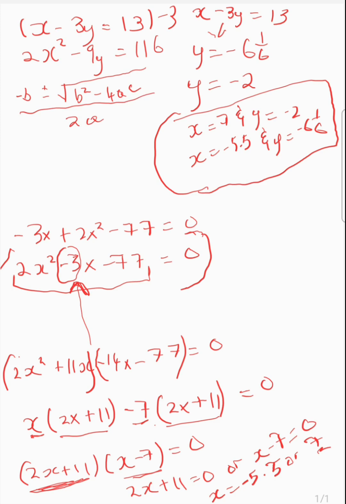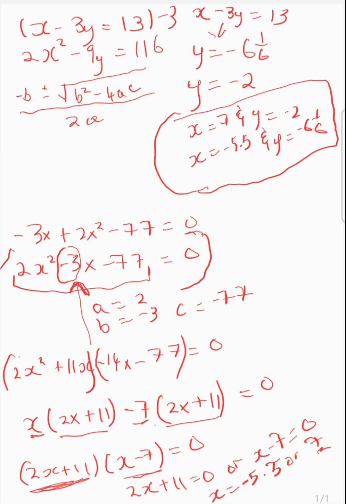So then on this equation, a equals this first term, which is 2. b equals this second term, which is minus 3, and c equals this last term, which is minus 77.